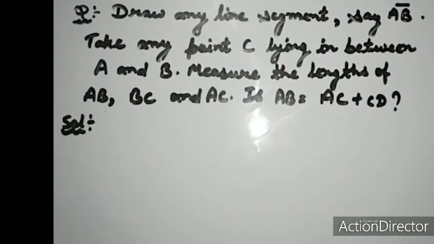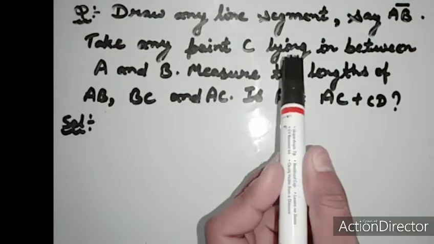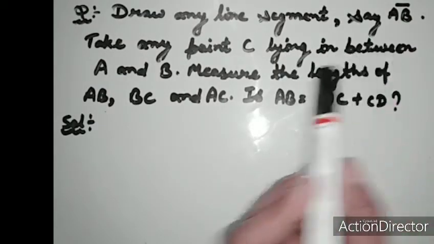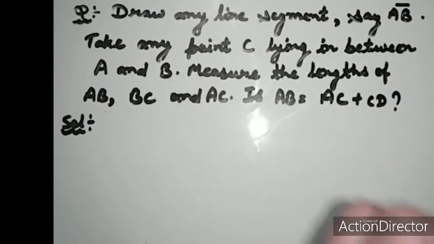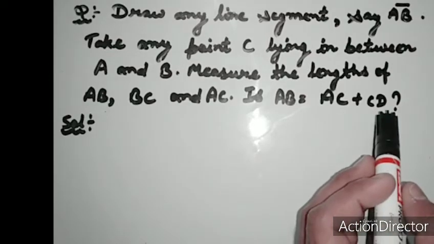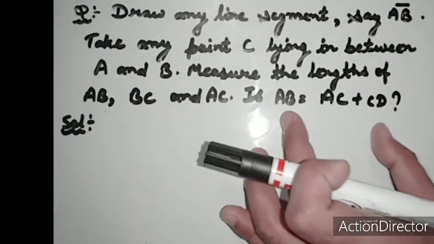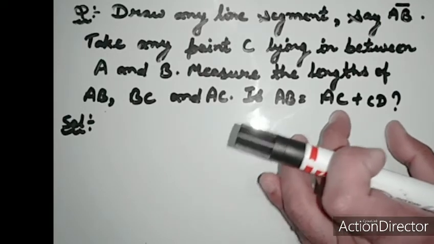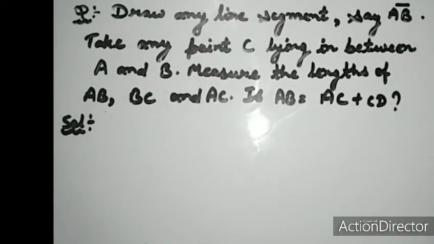So the question is, draw any line segment AB, take any point C lying in between A and B and measure the lengths of AB, BC and AC. Is AB equal to AC plus CB? Here we prove that AB equals AC plus CB.